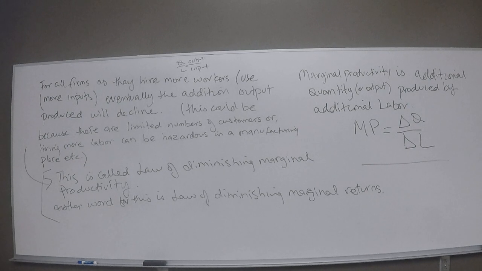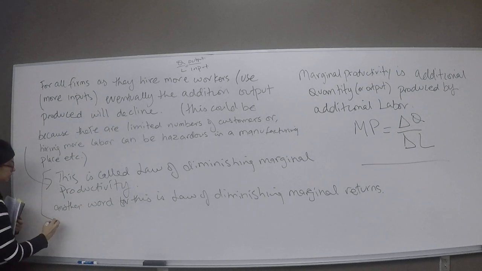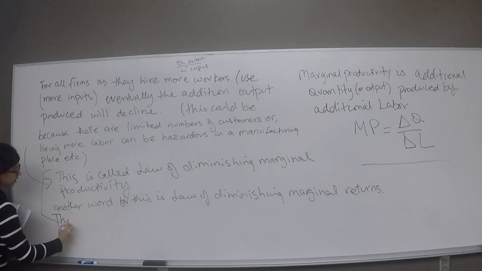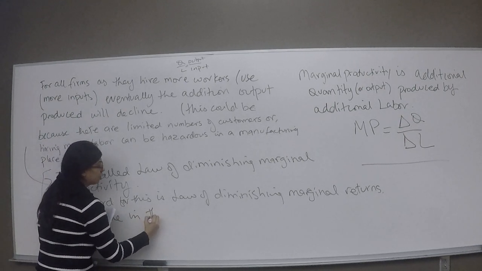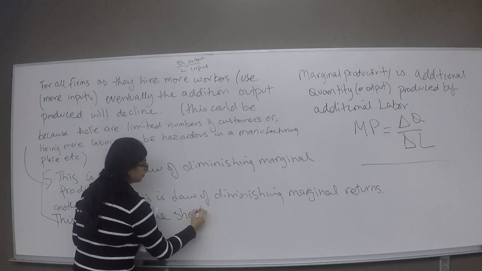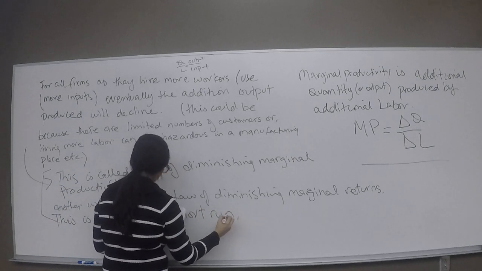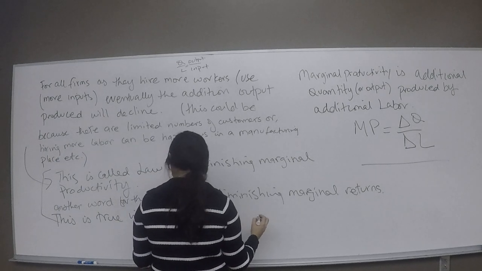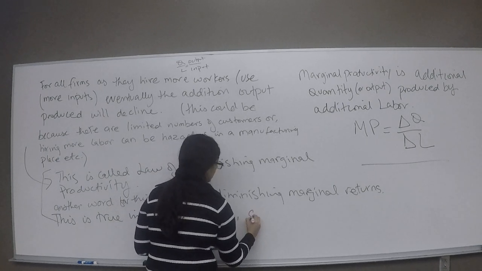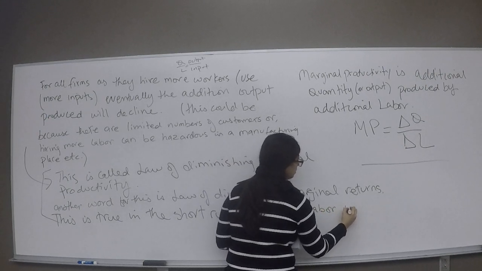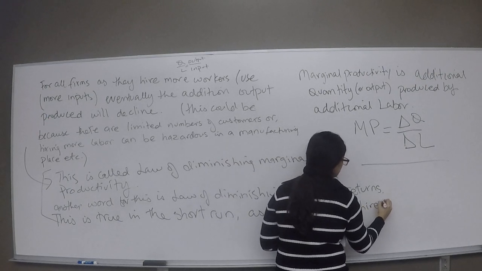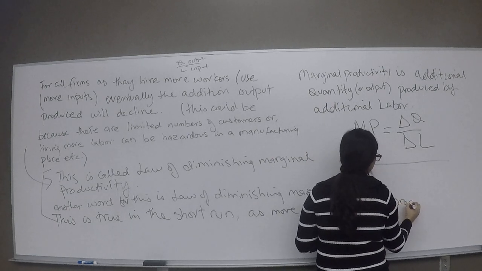The law of diminishing marginal productivity is particularly true in the short run. As more labor is hired, productivity decreases.